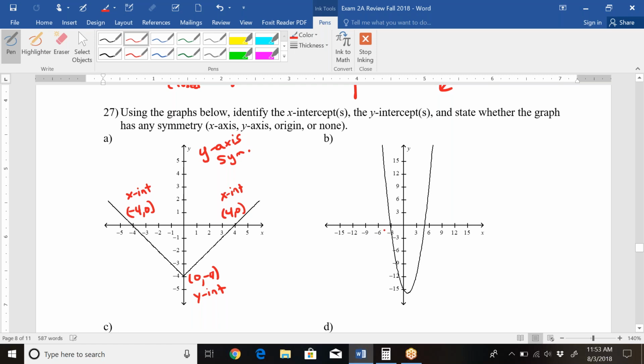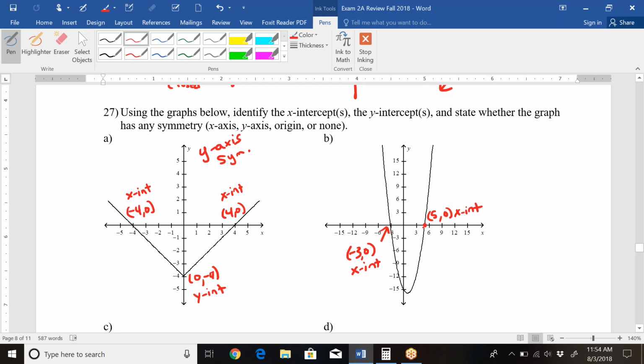Okay, this one looks like it has an x-intercept of (-3, 0). That one's kind of off kilter here. That would probably be 5, my guess would be. And well, this is easy to get.